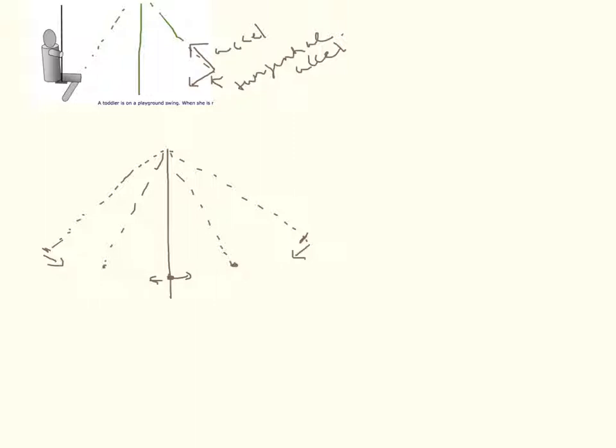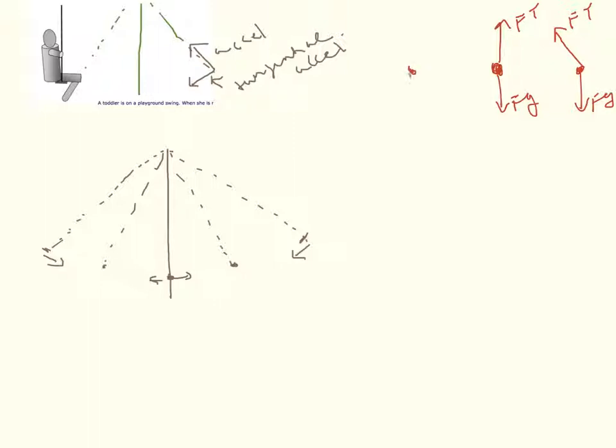Okay, so if I draw a free body diagram for the girl in any one of these points, her free body diagram is always going to have gravity pointing down, and then it's going to have the force of the rope pointing some direction. So if she's right in the middle, the force tension of the rope is going to be straight up, but if she's to the right of that middle point, then force gravity is going to be pointing down, but then the force tension is going to be pointing at some angle.